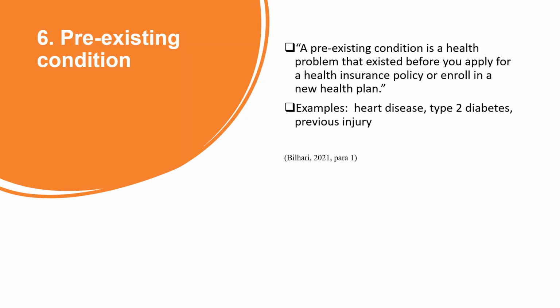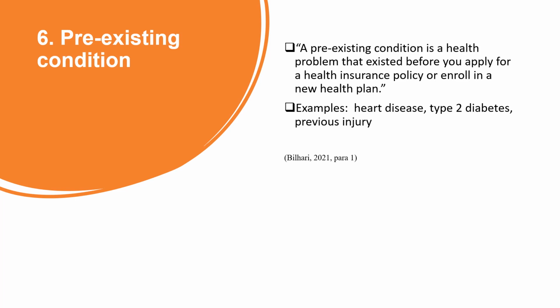So the second part of the first strategy was to address the issue of pre-existing conditions. As the name implies, a pre-existing condition is a health problem that existed before you apply for a health insurance policy or enroll in a new health plan. Examples I've listed here are heart disease, type 2 diabetes, or perhaps a previous injury.